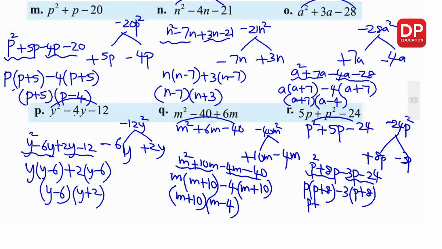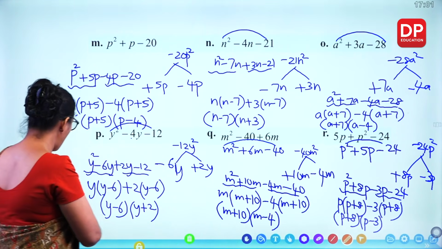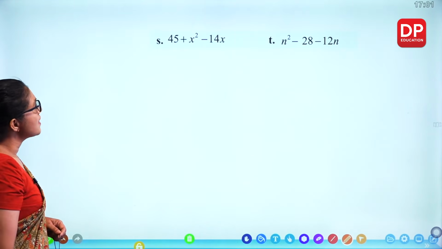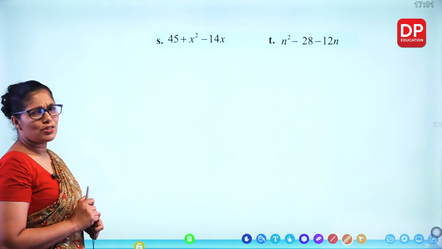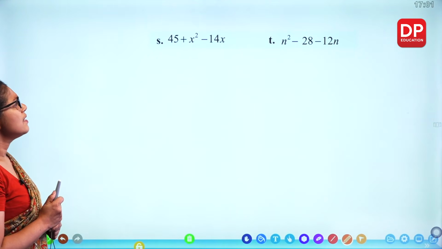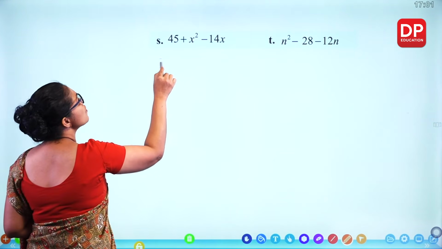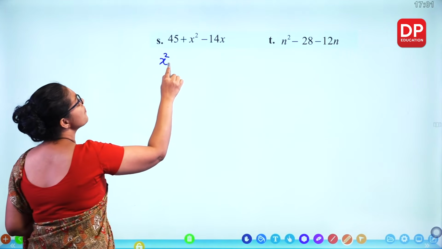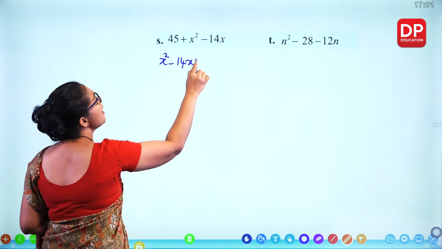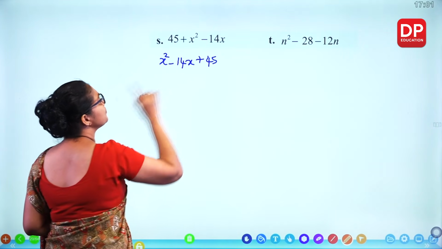So p plus 8 is common, take it out and the remaining part is p minus 3. Now we'll move to the next part. So here also the order is not the same. So arrange it. First write the x squared term and the x term and the constant.